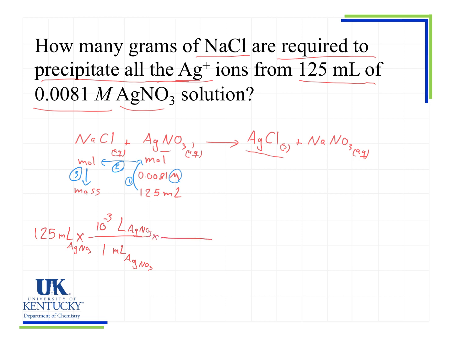Okay, so I don't want the volume of the silver nitrate, I want the mole of silver nitrate. So not the liter of silver nitrate, I need the mole of silver nitrate. So how can we relate liter to mole of silver nitrate? So we can use molarity. So molarity is mole over liter, right?